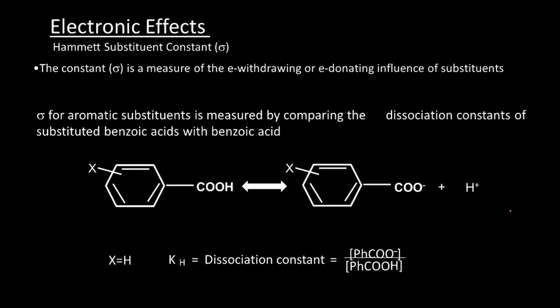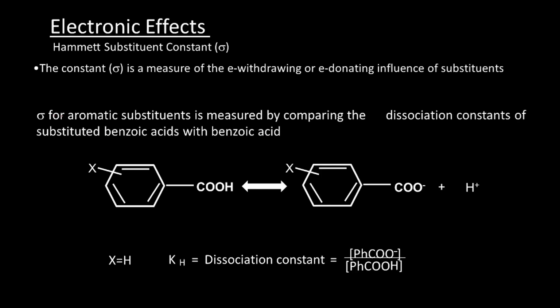So we looked at the electronic effect. The constant is called sigma. That's called the Hammett substitution constant. It is the measure of the electron withdrawing or electron donating influence of substitutions. Sigma for aromatic substitutions is measured by comparing the dissociation constant of substituted benzoic acid with benzoic acid.